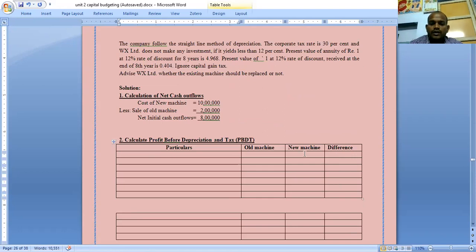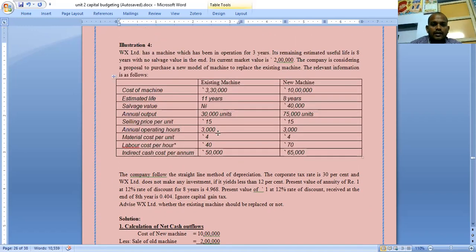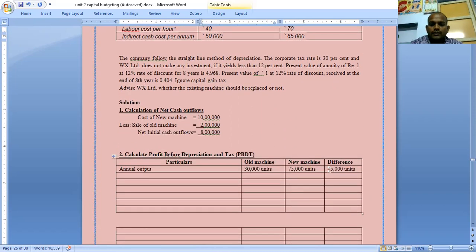If we consider the new machine, what will be the increment? Annual output for the old machine is 30,000 and for the new machine 75,000, so the difference is 45,000 units.